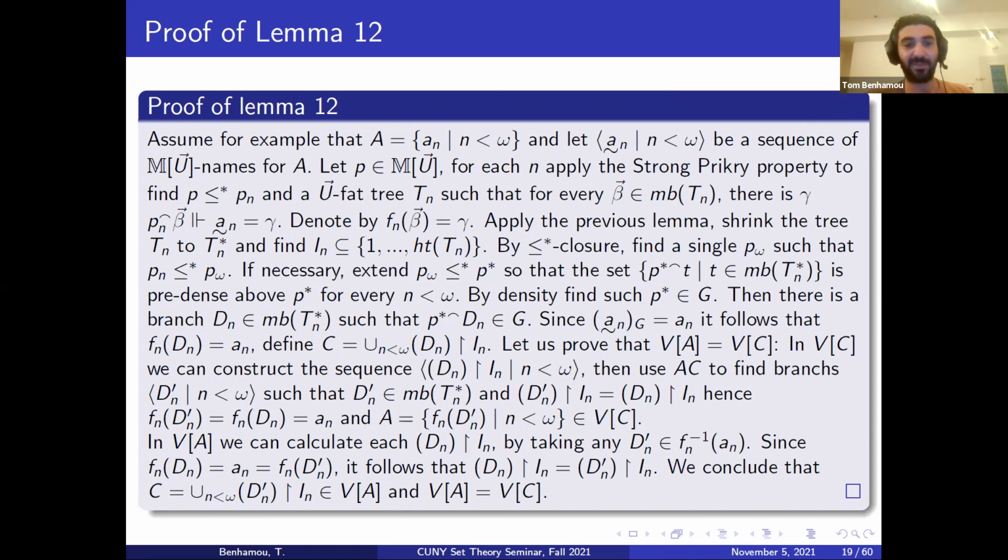And we conclude that we can define C inside the model VA by taking the union of all the D prime n restricted to In. So this gives us the equality VA equals VC. And we're done with this first part of the induction.